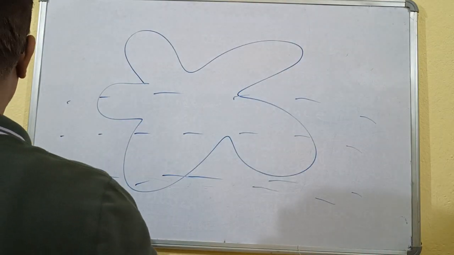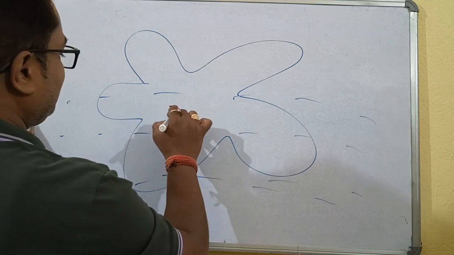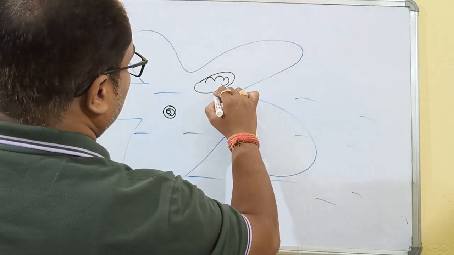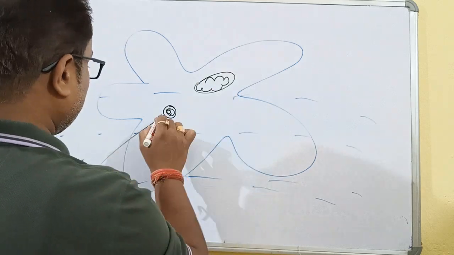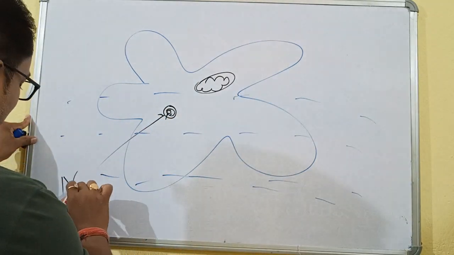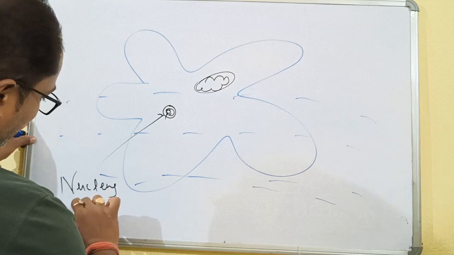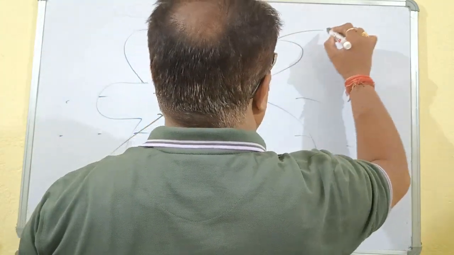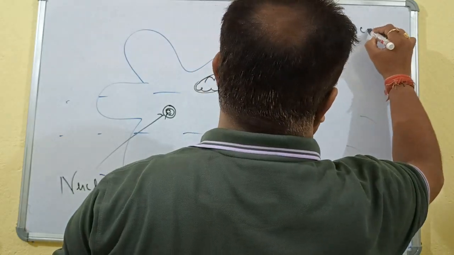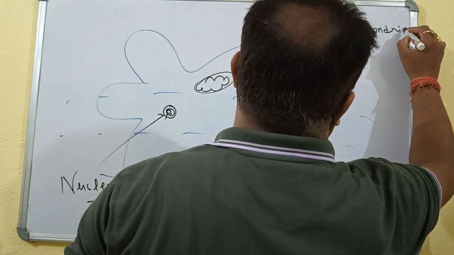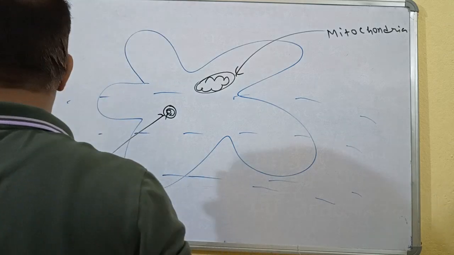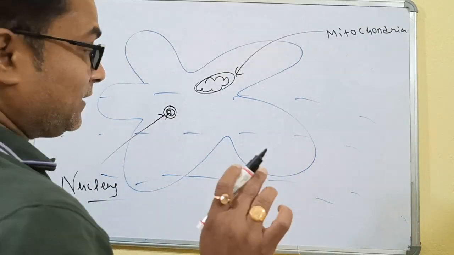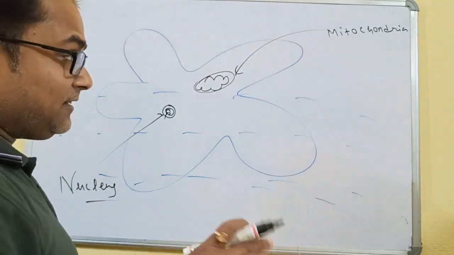Basically, in amoeba, this is the nucleus, and the mitochondria, mitochondrion. In giant amoeba, you know that there are many mitochondria.